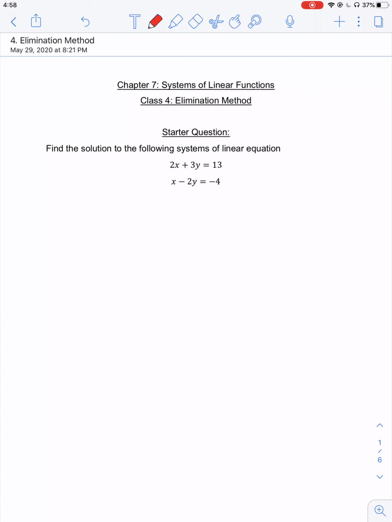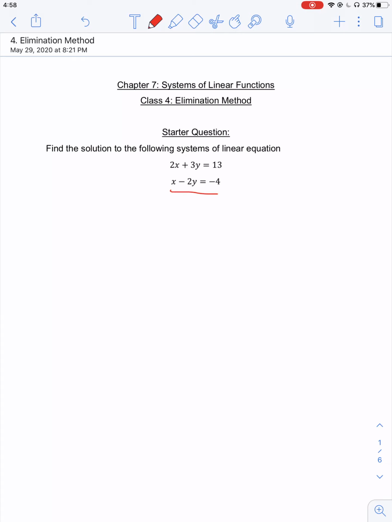But substitution usually makes sense when one of the variables is already isolated. In this case you could do this by substitution. You could either solve for x or for y. I'm going to use the second equation, which is something that I did not do in my previous examples, because you see it would be very easy to solve for x in this case.